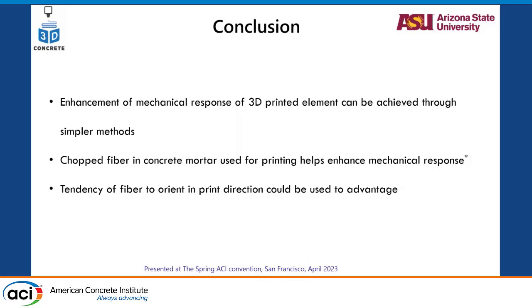So it does not mean all the mechanical responses will be increased with fibers, but maybe for a particular purpose, a particular response that we want to enhance. At higher percentage, compressive strength for steel fiber increases, whereas basalt fiber again decreases, but we could most probably use it in that sense. And again, in print rather than casted, the tendency of the fibers to orient along the direction of print could be used as an advantage for optimization purposes.